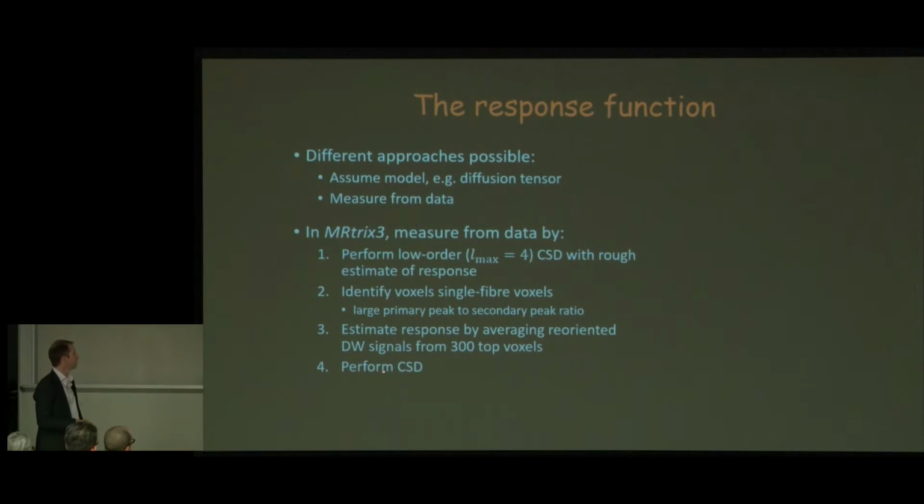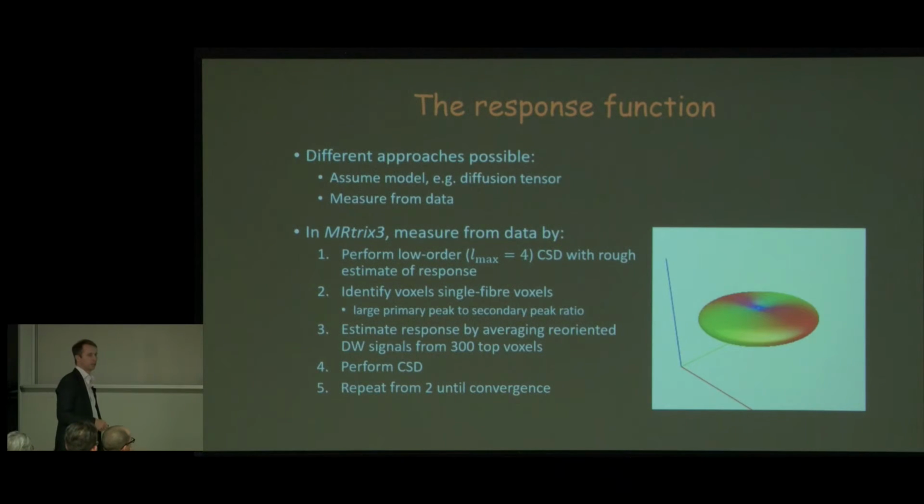And then you do a CSD again using that response, and repeat from here again until you get convergence in your response function. And with that, you get very quickly convergence to something that looks a bit like this, which is quite representative of what the signal should be for a single fiber population.